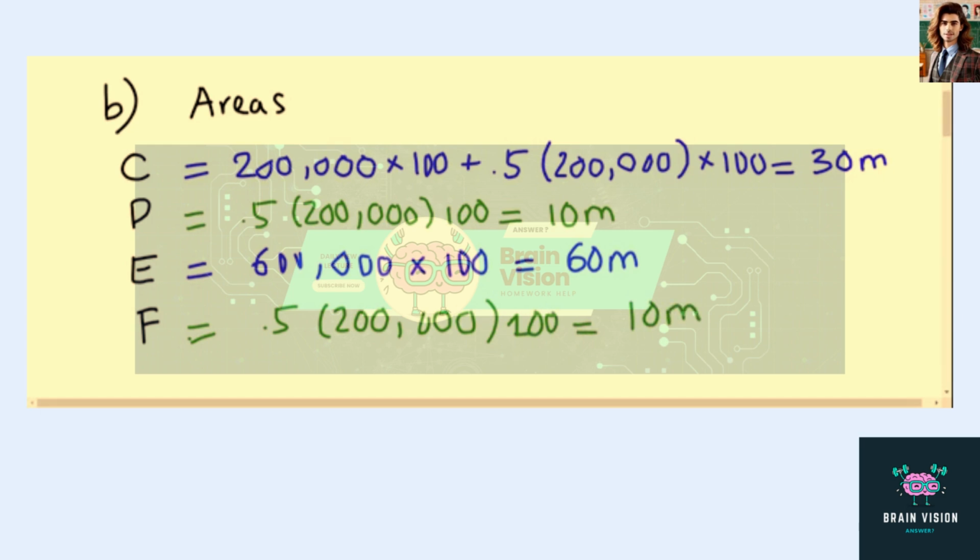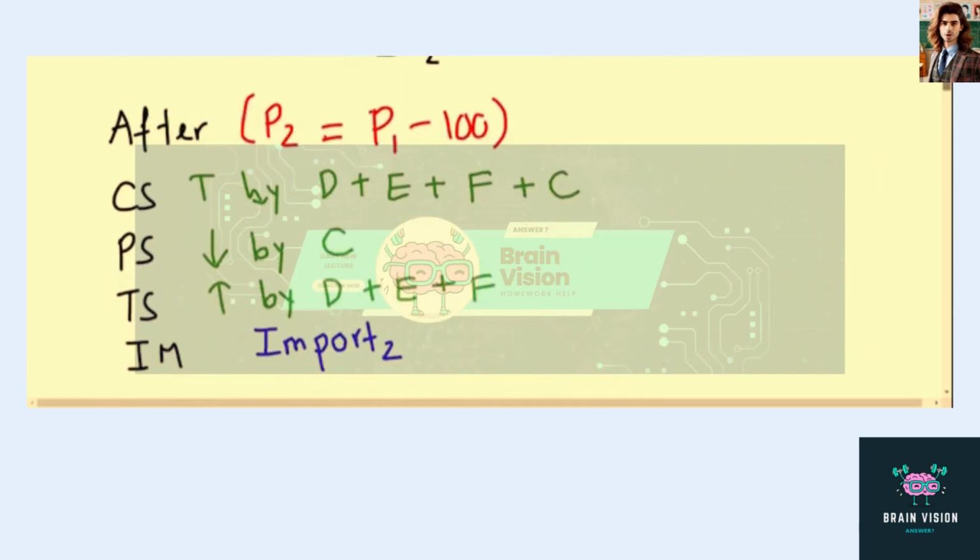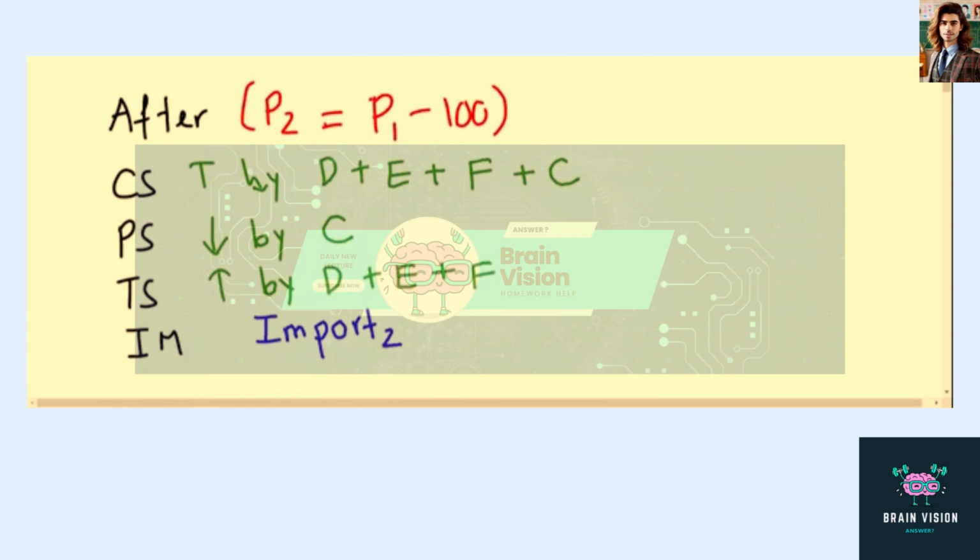So you can come back to the previous analysis to quantify the change to consumer surplus, producer surplus, and total surplus. You can easily get the change in consumer surplus is an increase of 110 million.